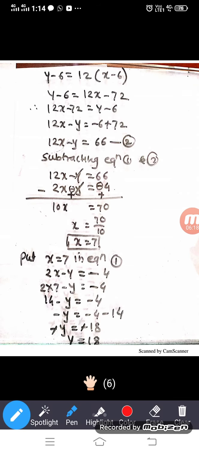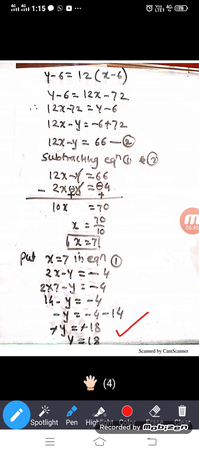Then the value of x substitute in equation number 1. Equation 1 is 2x minus y is equal to minus 4, x is equal to 7, 2 into 7 minus y is equal to minus 4, 2 7s are 14, 14 minus y is equal to minus 4. Then this 14 goes on this side, we get minus y equal to minus 4 minus 14, which is minus 18, y is equal to 18.